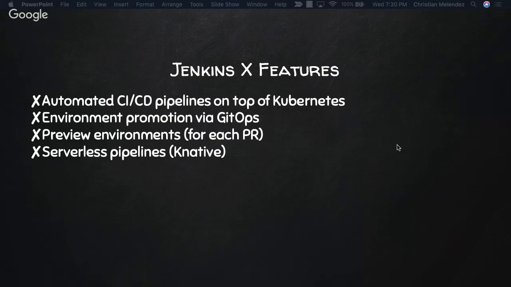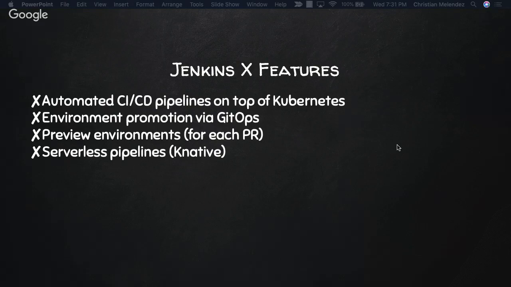So another cool thing is that with Jenkins X, you can create serverless pipelines, which uses Knative. The way that will work is that it's going to use only the resources that it needs. So, for example, for that Kubernetes cluster, you can create auto-scaling groups for the pods and for the host.